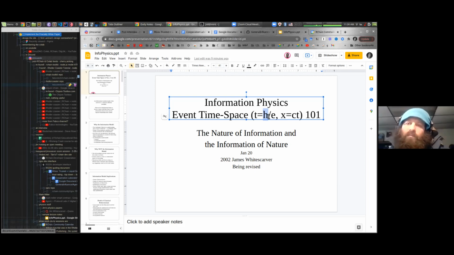So we can talk about the energy. Well, the Planck energy is actually the maximum energy. They don't talk much about the minimum energy of one state change.